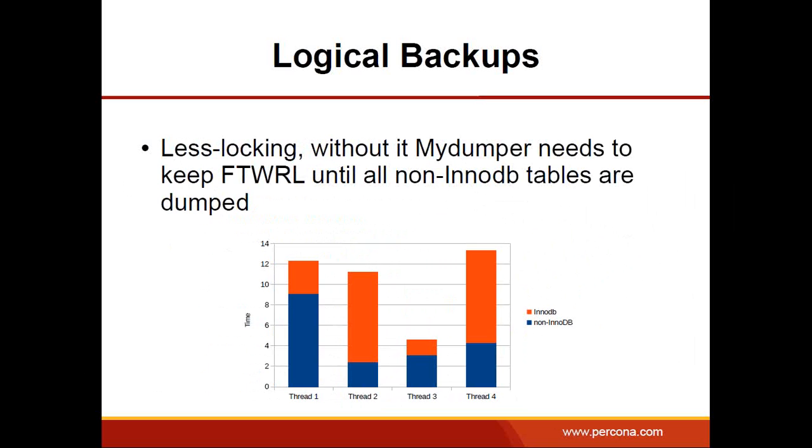This new option, less locking, creates another number of threads that will take care of locking these tables in a separate way and will release the flush table with read lock.